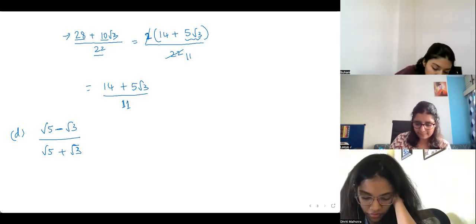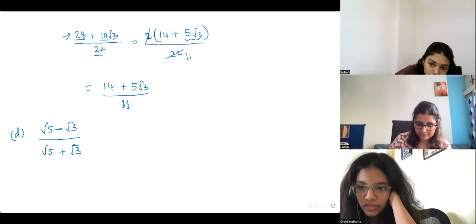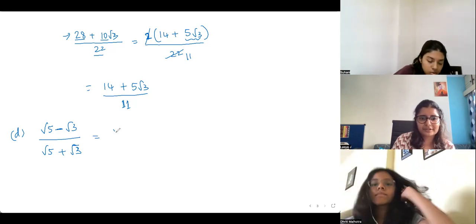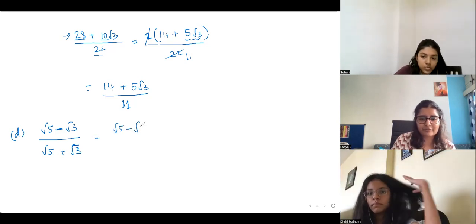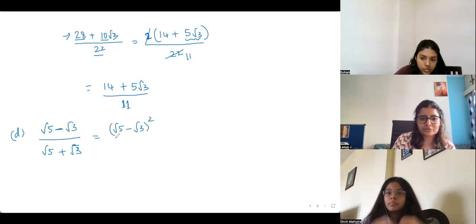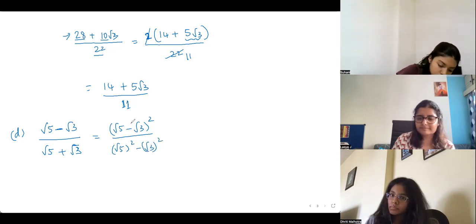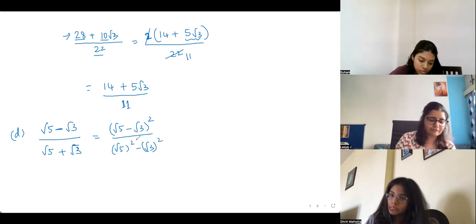Miss, is the answer 4 minus root 15? Achha, you're also getting 4? Okay. Maybe my mental calculation is wrong. Let me do it here. 5 minus root 3, the whole square upon 5 square minus root 3 square. यही किया ना? Oh yeah, 4 is correct.